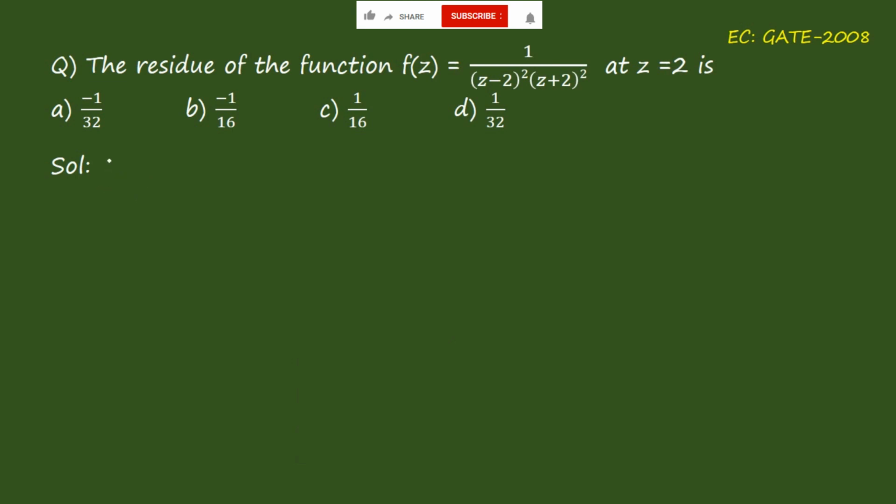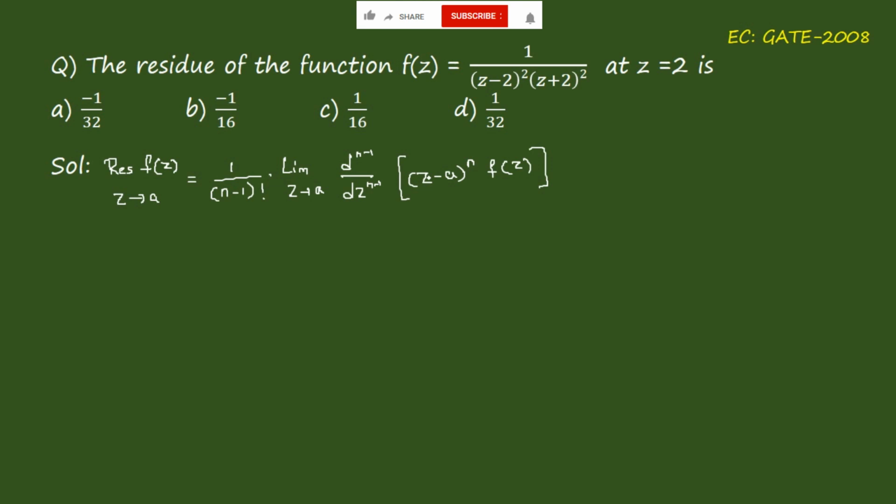The general formula we know is that the residue of a function f of z as z tends to a is given as 1 by (n minus 1) factorial into limit z tends to a, d by dz of (n minus 1) differentiation, into (z minus a) whole power n f of z, right?